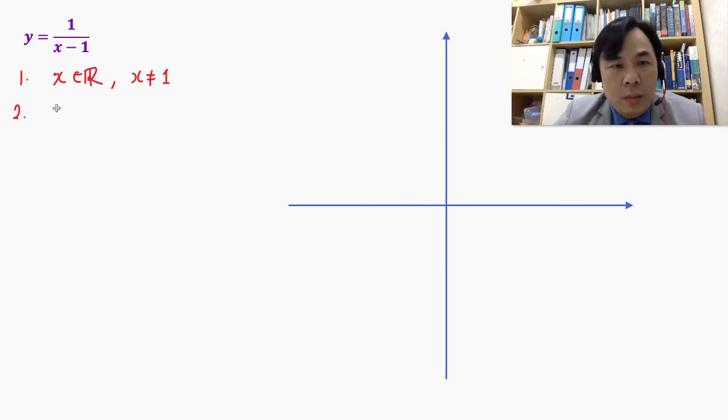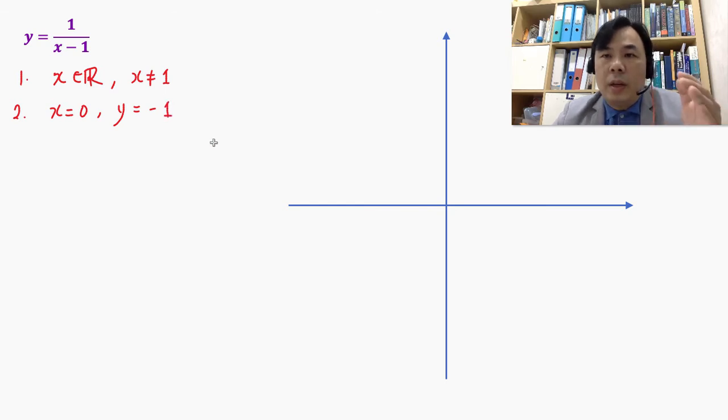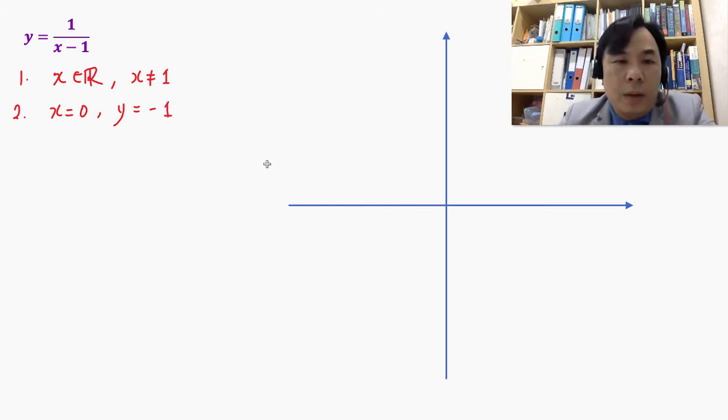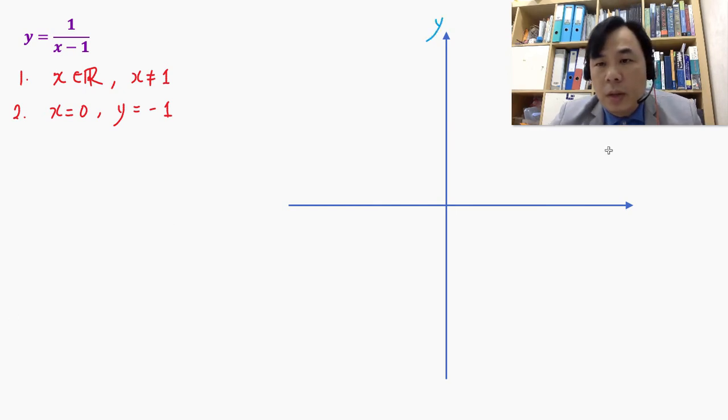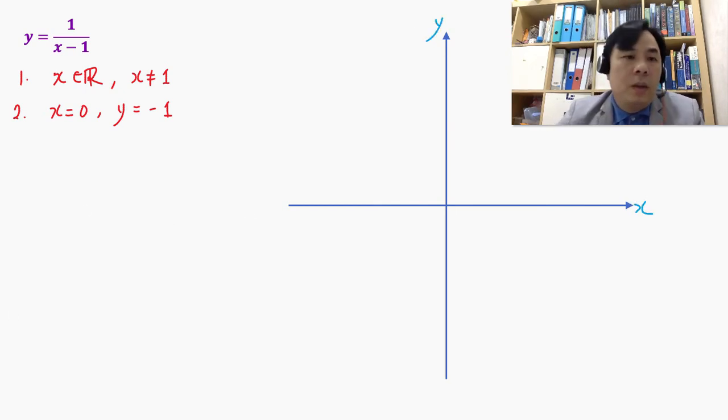For the y-intercept, x is equal to 0, therefore y is equal to -1. Therefore this graph actually intercepts the y-axis at -1, right? So that's the one. Okay, don't forget to label the axis also. I forgot that. Okay. Now, the third guideline would be the asymptote.